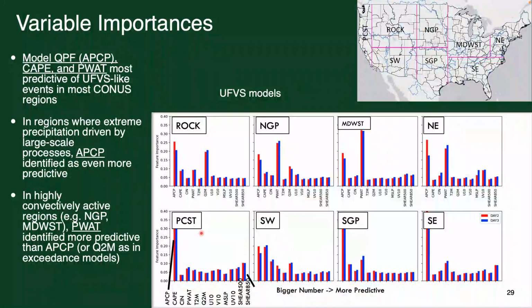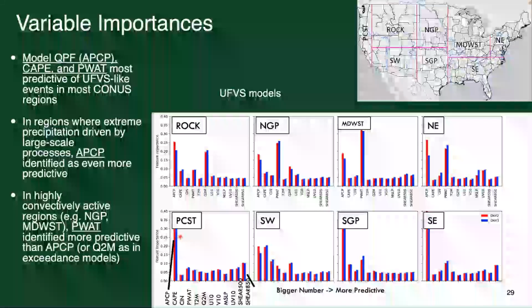So here in the bottom panels there are these feature importances, where higher means that variable is deemed more important or being used more by the random forests. So you can look at these different regions, for instance, Pacific Coast region, where some of these variables pop out a little bit more. Accumulated precipitation, or the model-derived rain field, ends up being the most important.